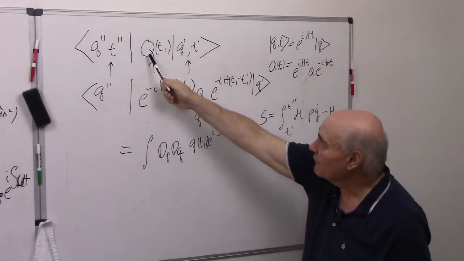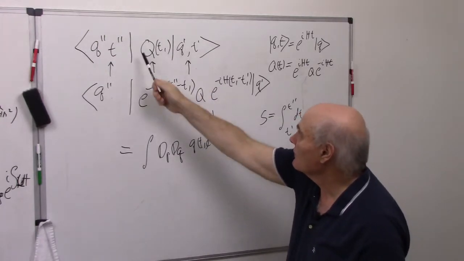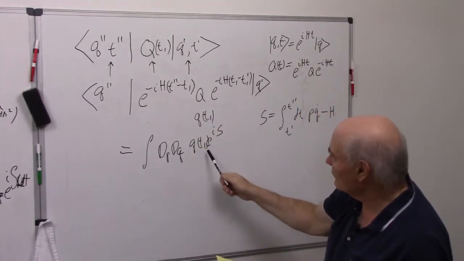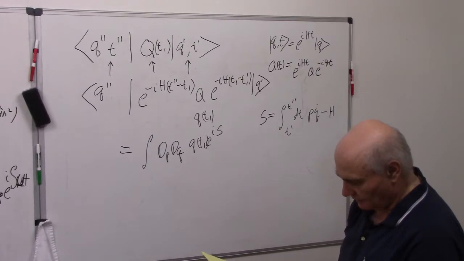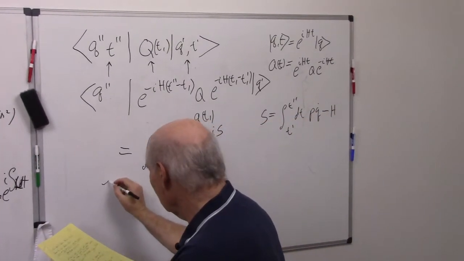So this is one way to get an operator to correspond. Here we have the operator inside of the amplitude, the states for the transition, and we see that it just brings down a q of t1 e to the iS. But more importantly, this will lead to this formula.